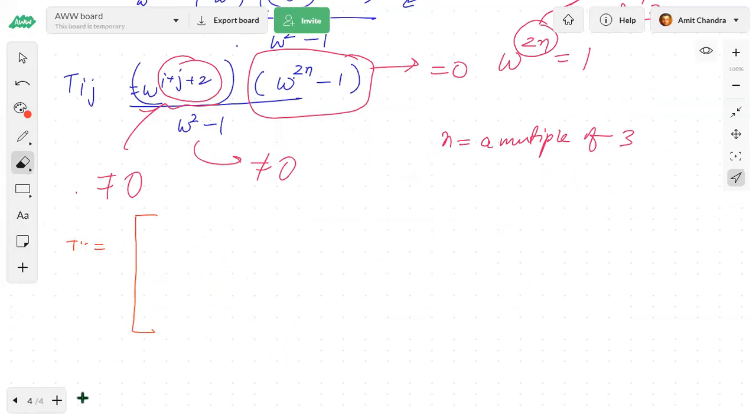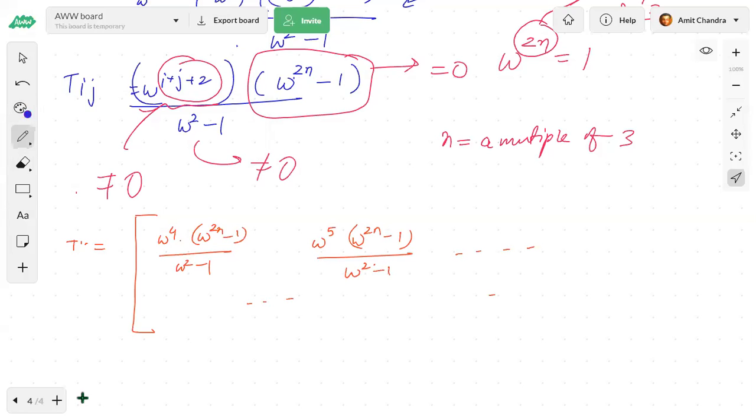If I use 1 1, this is omega to the power 4 into omega to the power 2n minus 1 divided by omega square minus 1. For 1 2, this is omega to the power 5, omega to the power 2n minus 1 divided by omega square minus 1, and so on. So all the elements of the T matrix will be like this.